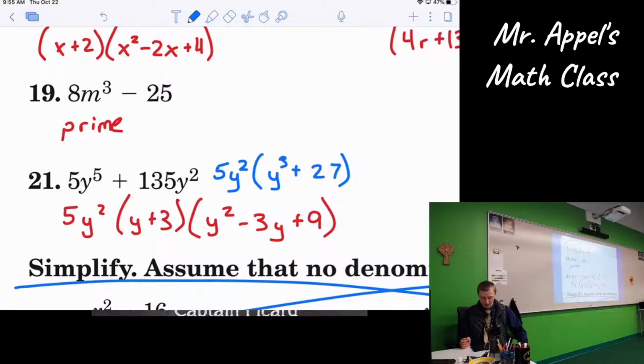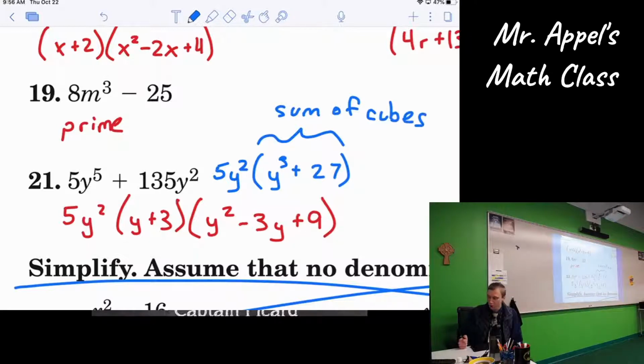And this is where things get interesting, because 27 itself is a cubic number. 3 times 3 times 3 is 27, which means this is a sum of cubes, right? And that was the equation.